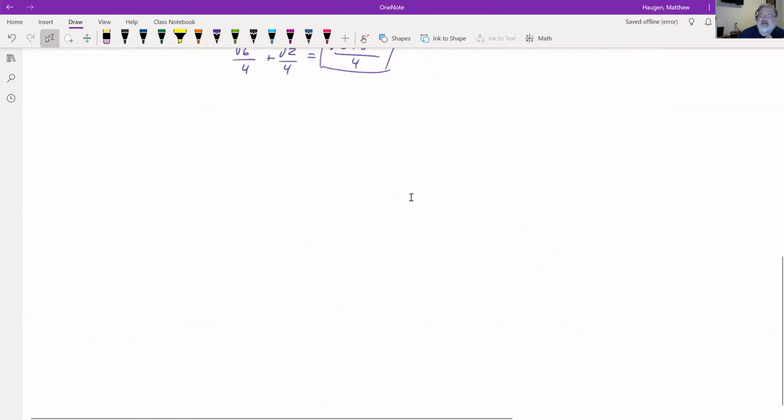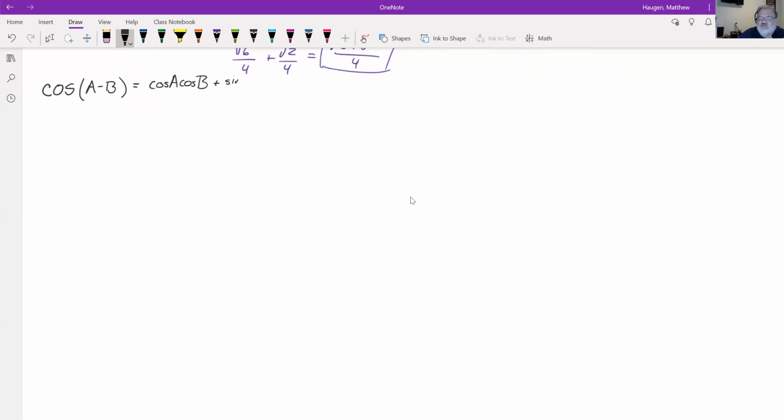Because at the end of the day, what we're really looking at is just this relationship. If we are faced with the cosine of a difference, we can break it up into the product of the cosine values plus, notice the sign switches, plus the product of the sine functions. Also, by the way, this works the other direction.